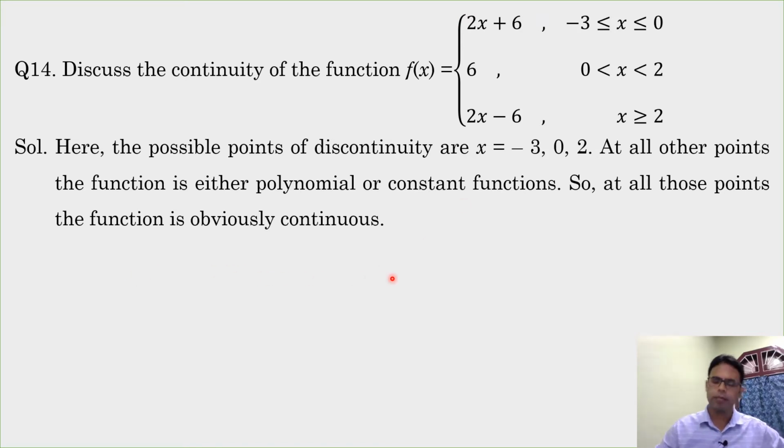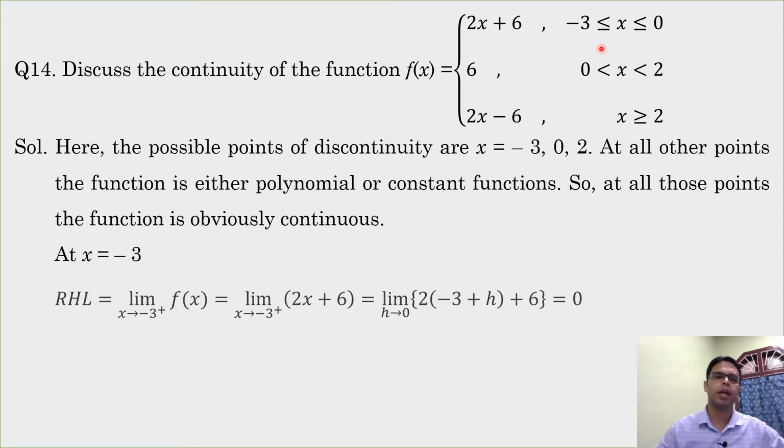At x equal to -3, we are finding the right hand limit, x tends to -3 plus, of f(x). The function is 2x plus 6. Making x equal to -3 plus h, so h tends to 0, 2 remains the same, x is replaced by -3 plus h, and plus 6 remains the same. Using h equal to 0, this is -6 plus 6, which is equal to 0.